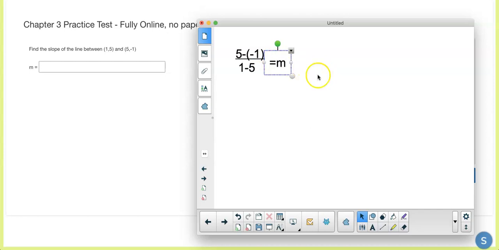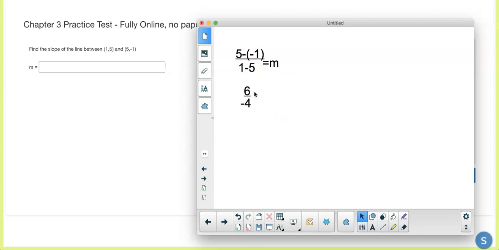Okay, so if I simplify this down, I have 5 minus negative 1, which is 6, up top. And then on the bottom, I have 1 minus 5, which is negative 4.